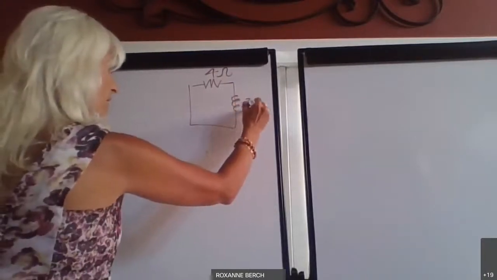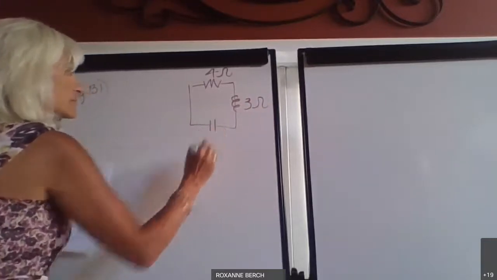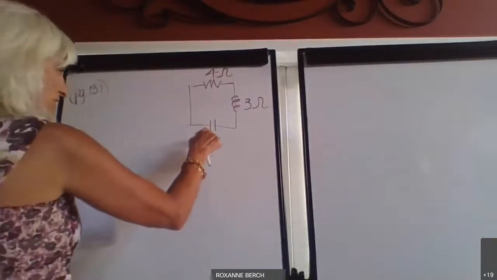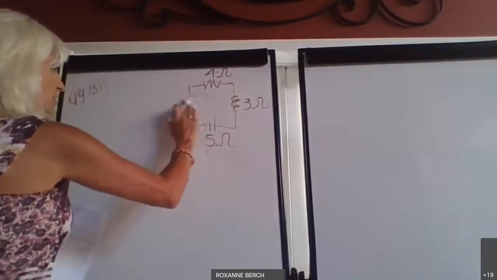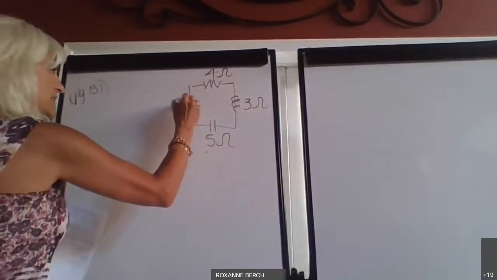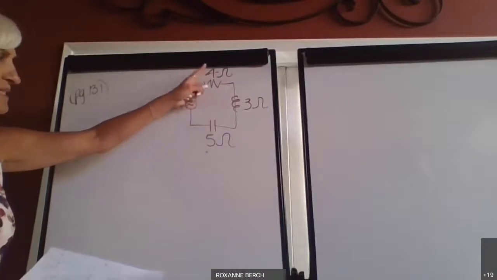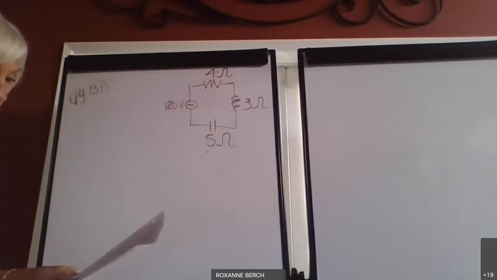And this coil represents what? What's the coil represent? And then what does this represent? Capacitor. Yeah. And then they're showing the voltage here, which is 120 volts. So the components are these 3 components here, and the voltage of the circuit is 120 volts.